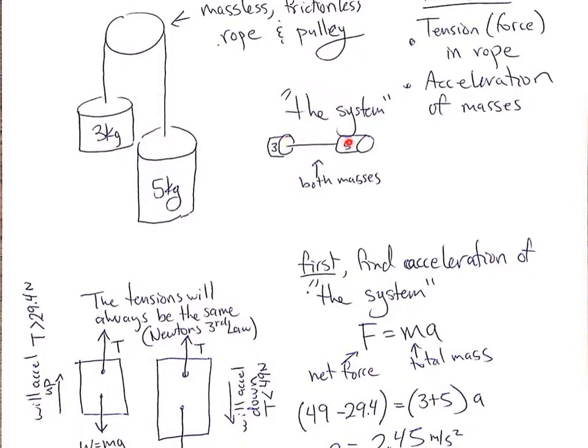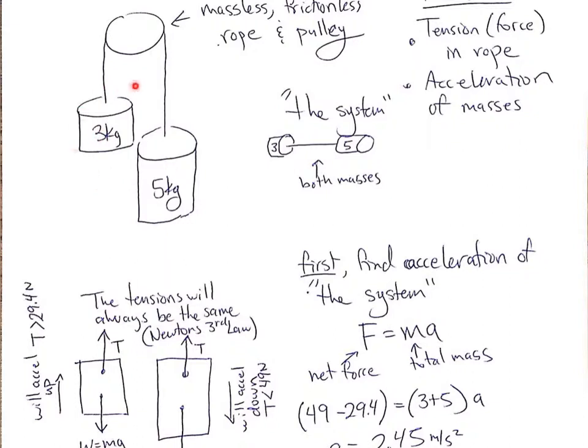The rope doesn't stretch. The 5 pulling the 3 this way and the 3 pulling the 5 this way cancel out. The force that actually goes to accelerate this system is we have this weight and we have this weight. Because this weight is more than this weight, it's obviously going to pull downward.